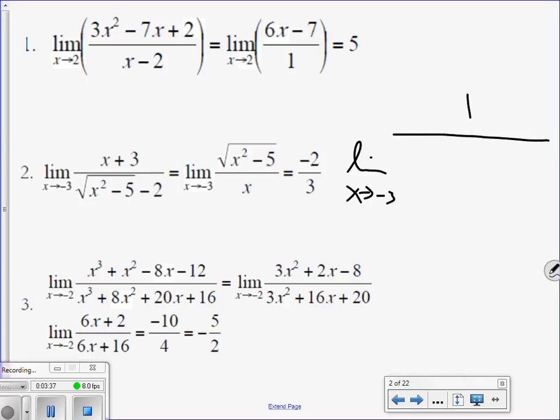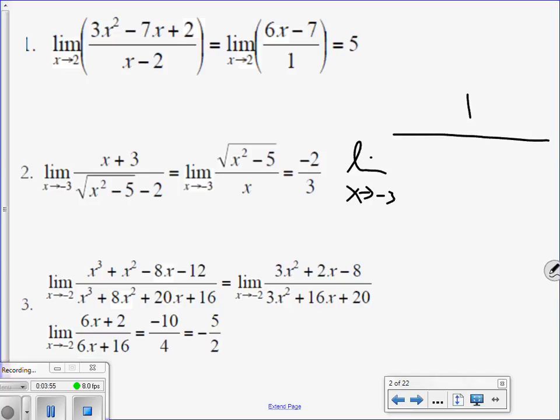Now, when you take the derivative of the square root of u, do you remember what you get without using negative exponents? It's 1/2 u to the negative 1/2 times u prime. So it would be u prime over 2 rad u. Good.